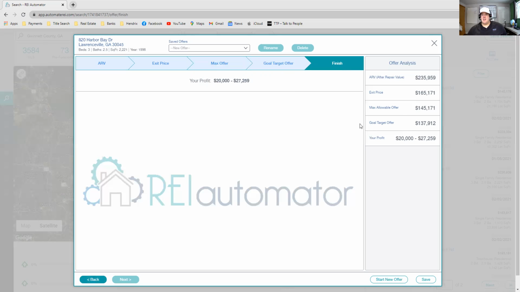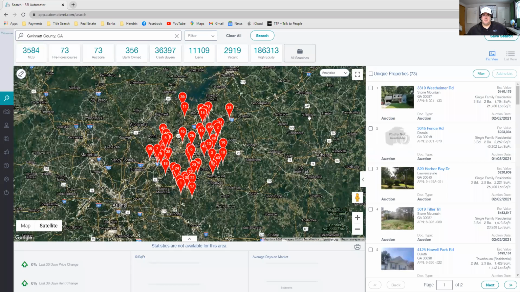So the flipper is going to pay you 165,000. You're going to lock it up for between 137 and 145, giving you between a $20,000 and $27,000 profit, if that makes sense. I'm not saying that's what you would do, I'm just giving you an example. And you can save it, which is kind of nice, and go through all your saved offers.